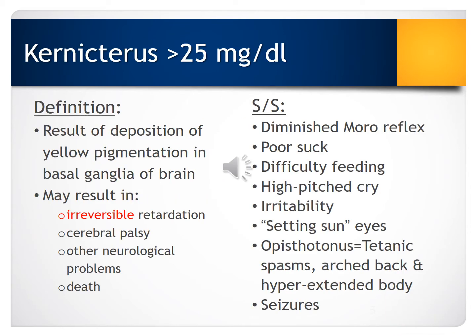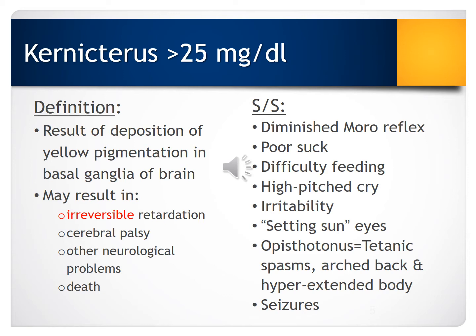Left untreated, this unconjugated bilirubin can then pass and travel into the brain, causing a condition called kernicterus. And so these are high levels of bilirubin in the blood. And here you can see that it's irreversible, causing severe CNS issues and other neurological problems, even leading to death.